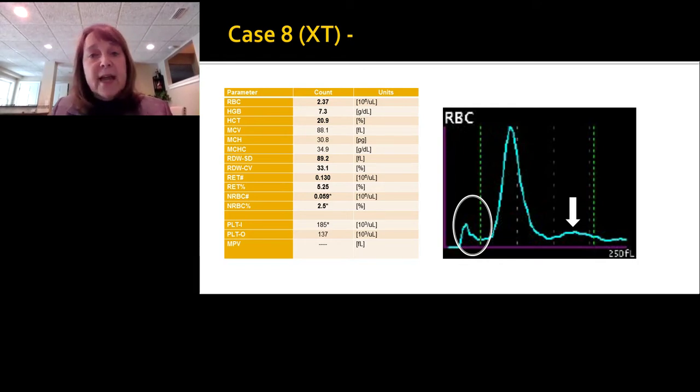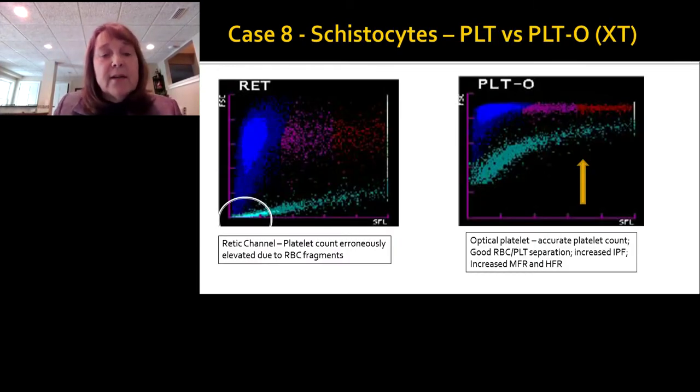So we look at the other scattergrams from this particular animal. Here is the retic, okay, and with the retic, I can see, yes, I do have an increased number of retics indicated by this pink and red in my reticulocyte area. But the most important thing from this scattergram is that the red cells themselves are actually shifted downward, so that these cells in our red cell population are actually erroneously elevating our platelet count.